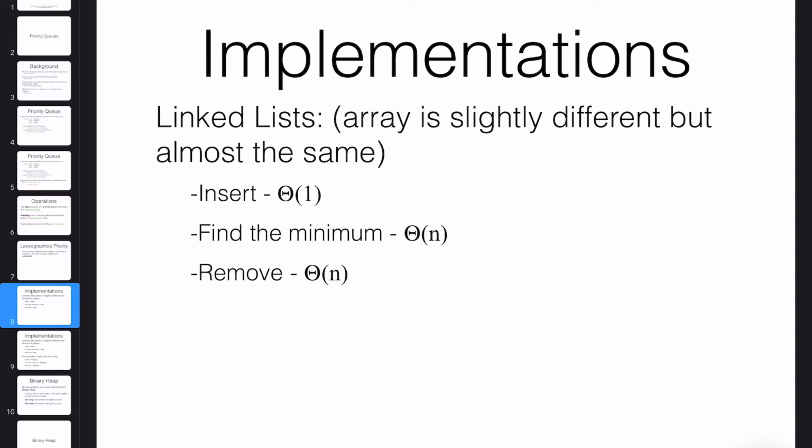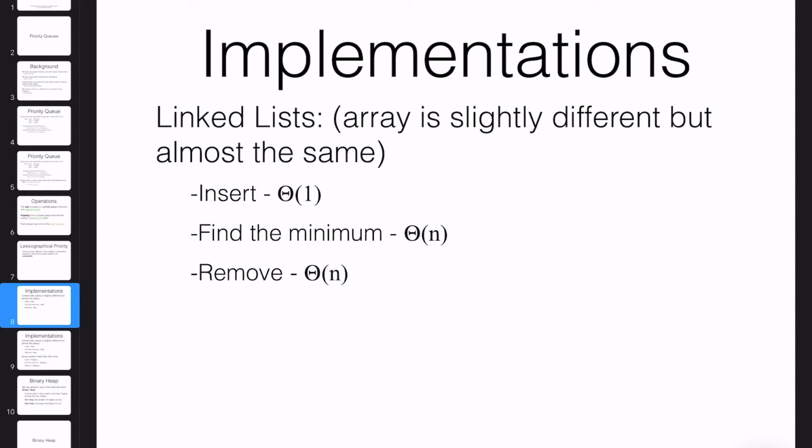If you have a linked list, inserting into the linked list is going to be done in a constant amount of work, right? You can always insert at the beginning or at the end of the linked list. So push can be done in constant time. But how about pick or pop? In pick and pop, you are looking for the item that has the highest priority, right?